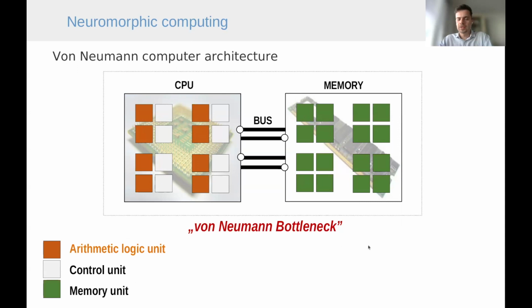But for tasks such as machine learning training, which require processing a lot of data, this is not the optimal architecture, because this bus, this connection between CPU processing and memory, becomes the bottleneck of the whole computation, and also the source of most of the energy consumption.